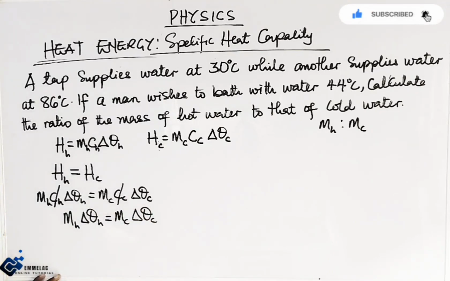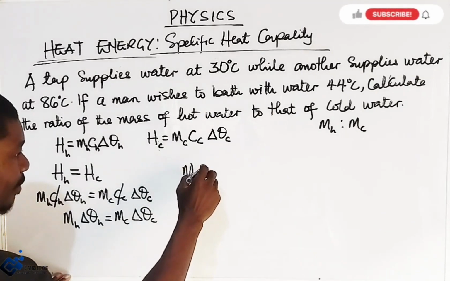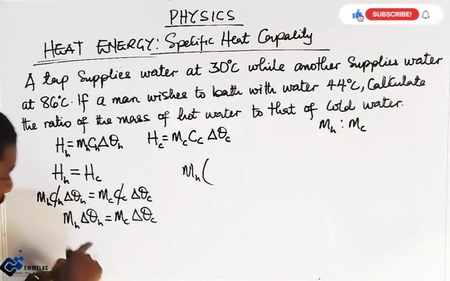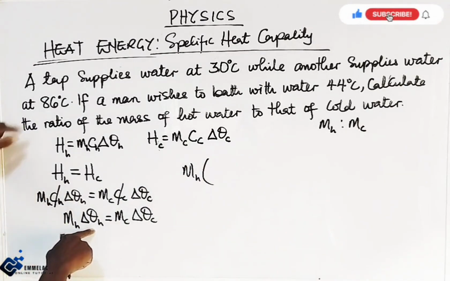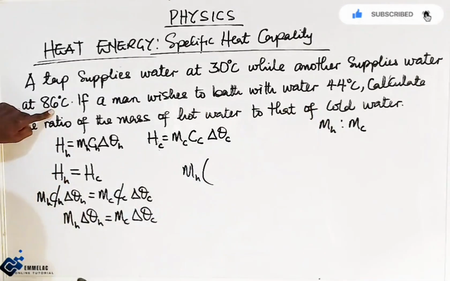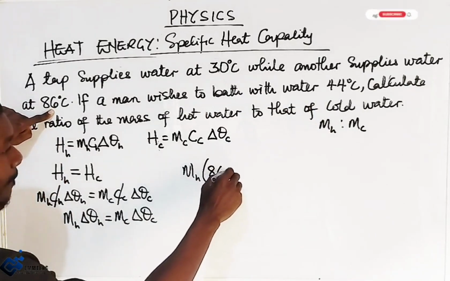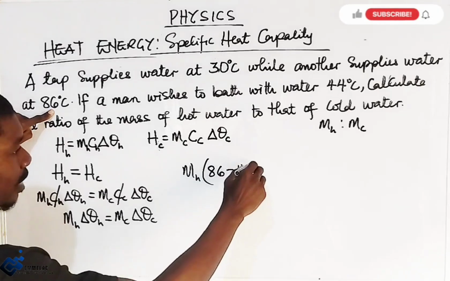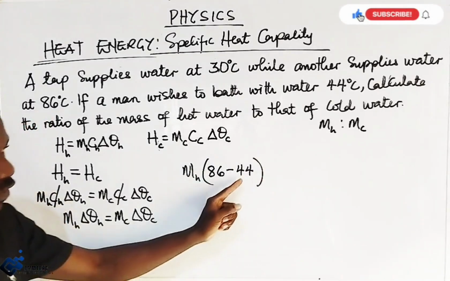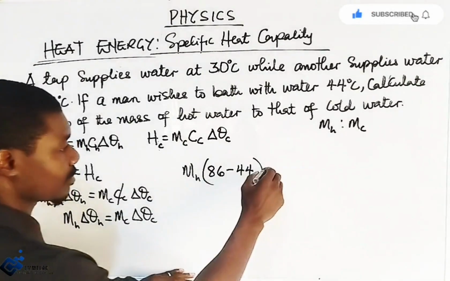Now, for this change in theta for hot, let's come here, then the parentheses. For our change in theta, take note that since this is greater than the final temperature, we have 86 minus 44, because 44 is the final temperature.